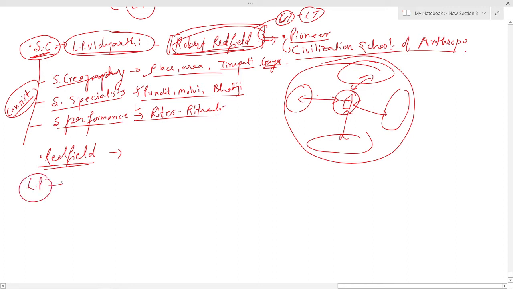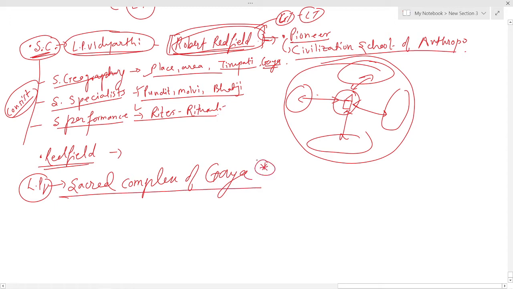So LP Vidyarthi studied the sacred complex of Gaya. The concept of sacred complex is basically the center of civilization where pilgrims from different regions of the country and different levels of culture interact.